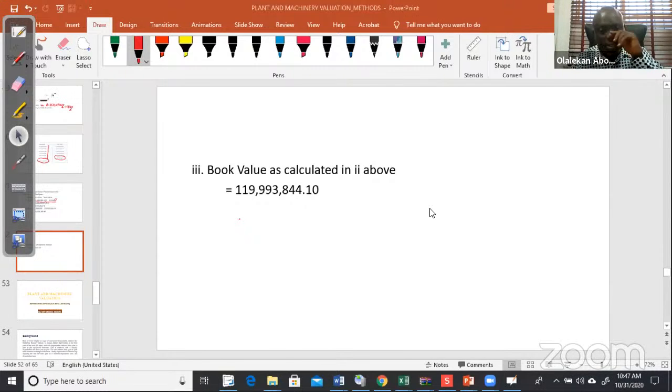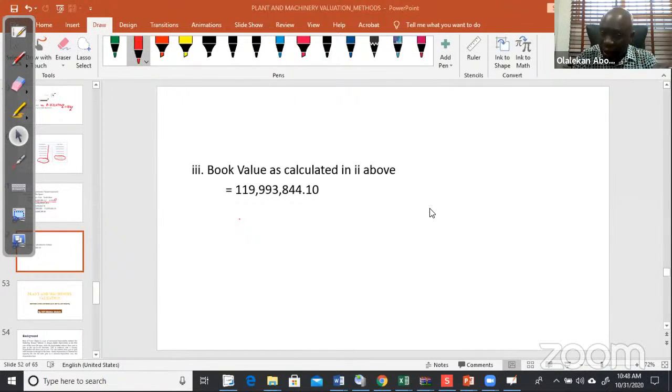Or where the question says, determine the rate using straight line method, calculate your depreciation as reducing balance. But where the question does not say that, it says calculate using reducing balance, and you do not have scrap value, then you will adopt the straight line method of calculating rates.